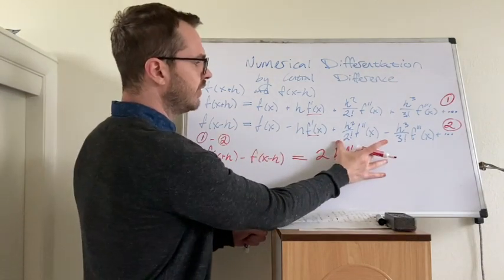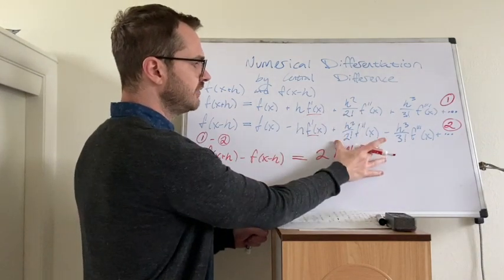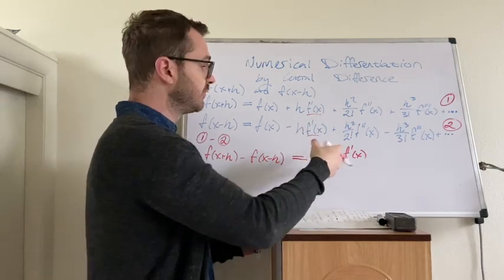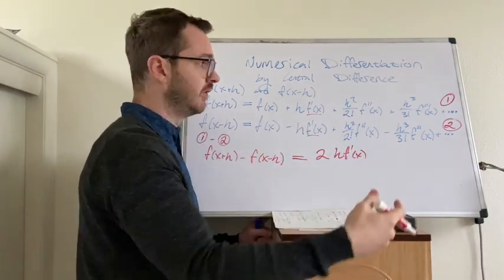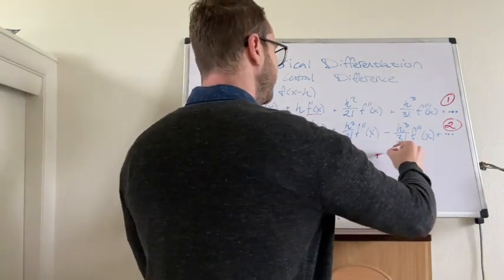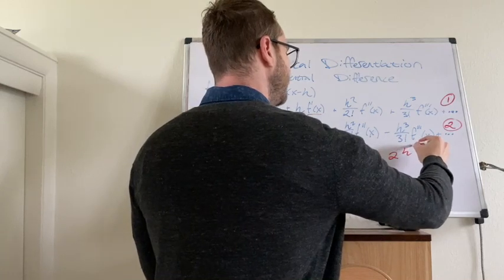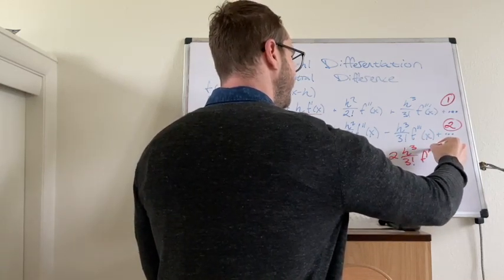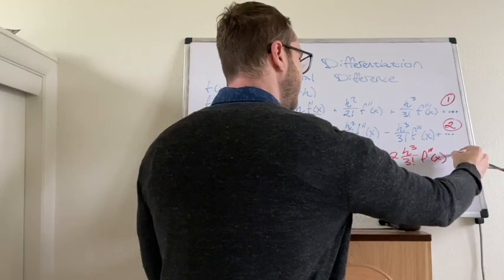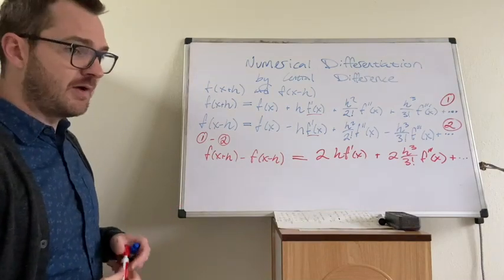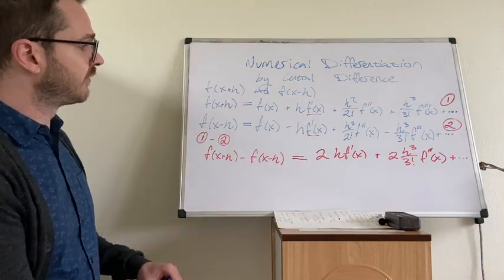What happens to the h squared terms? Well, these are both positive and they're the same, so when you subtract them, these also go to 0. We can see that the odd terms are going to add. So here is 2 times h cubed over 3 factorial f triple prime x, and then plus dot dot dot. And there's a pattern. We can clearly observe the pattern that's arising out of this.